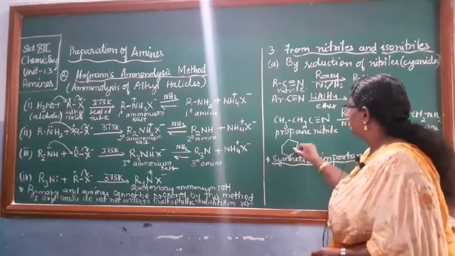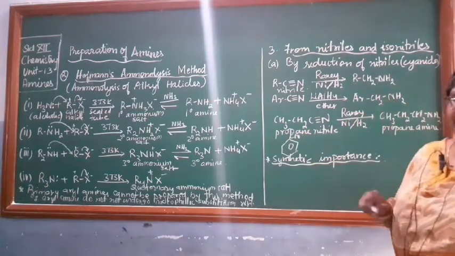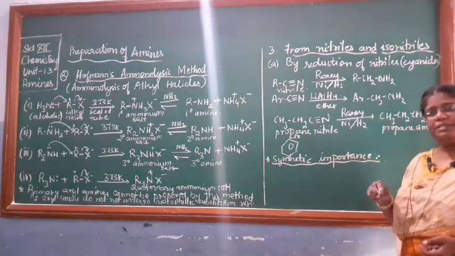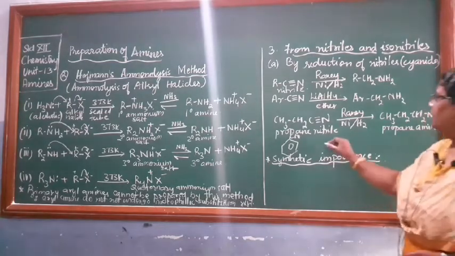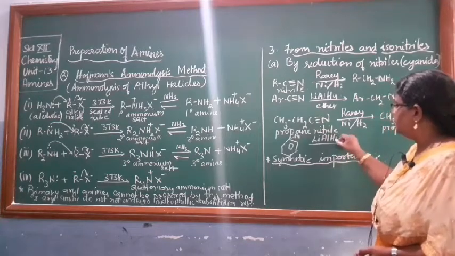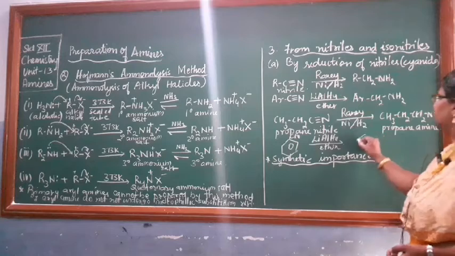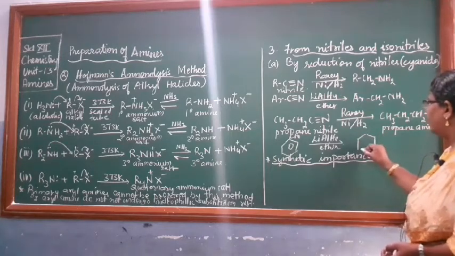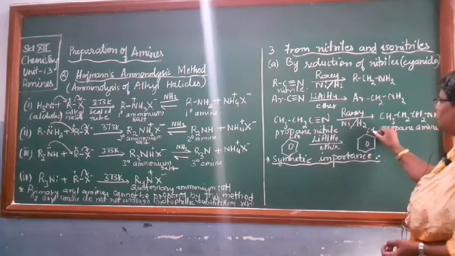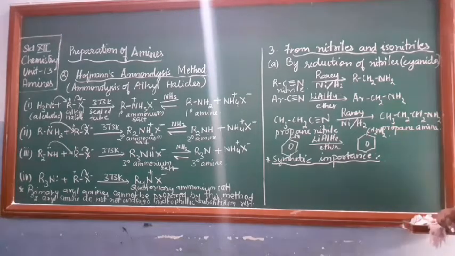Take benzene ring with CN. Cyanobenzene or benzene nitrile, in presence of LiAlH4, ether. It gives you what? Benzene ring, CH2NH2.